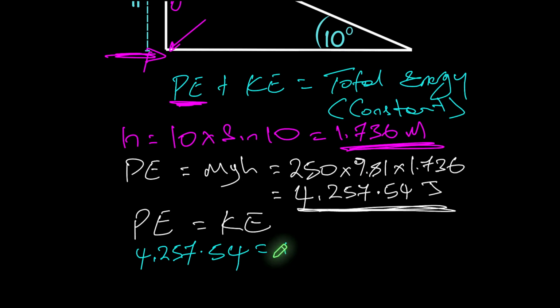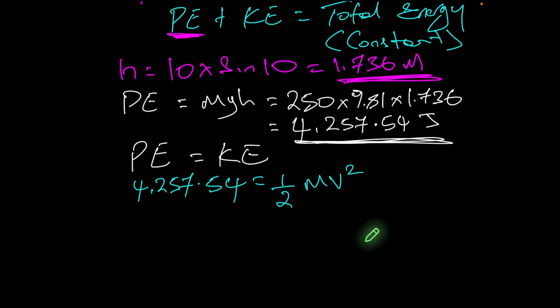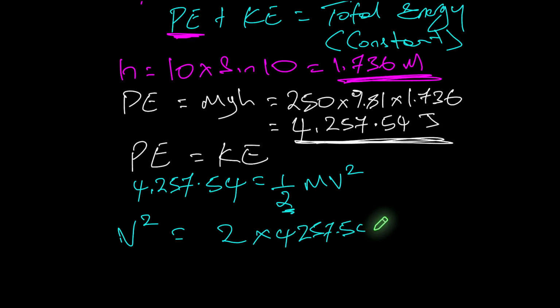That's our kinetic energy formula, half mass times velocity squared, as we have done previously. We want to rearrange this, so v squared equals 2 multiplied by 4,257.54, divided by our mass of 250.